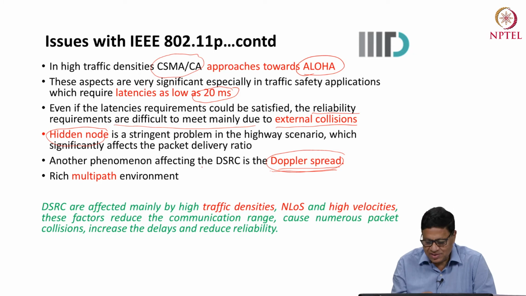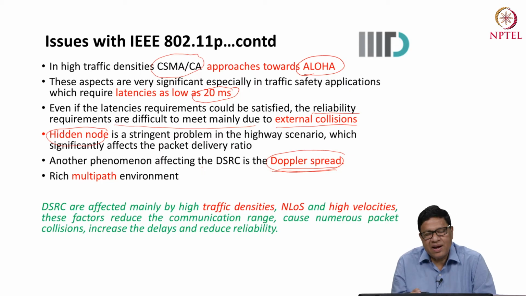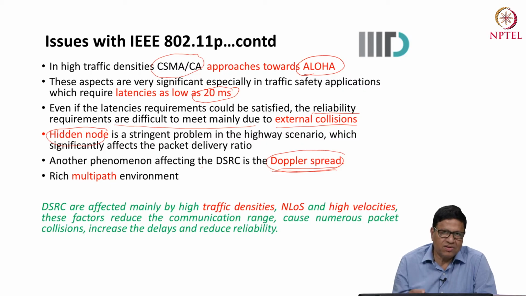So this is another problem with DSRC. For example, in OFDM transmission, if you are interested in high bit rate transmission, then one has to use some advanced modulation techniques. These subcarriers are orthogonal in OFDM, but because of this Doppler spread, they may not be orthogonal, which will degrade the performance of the system.